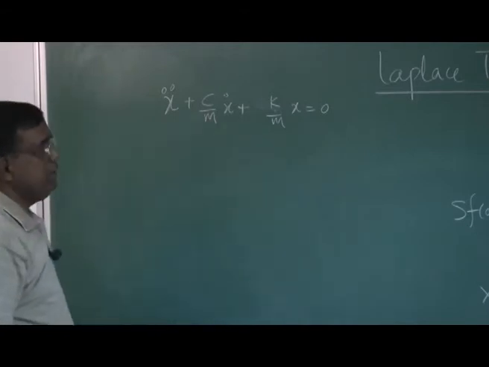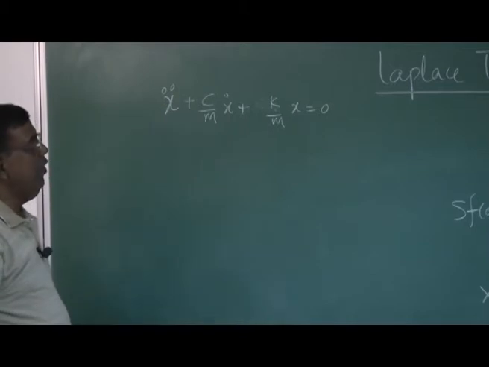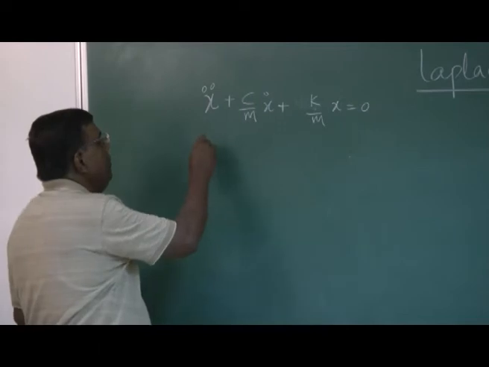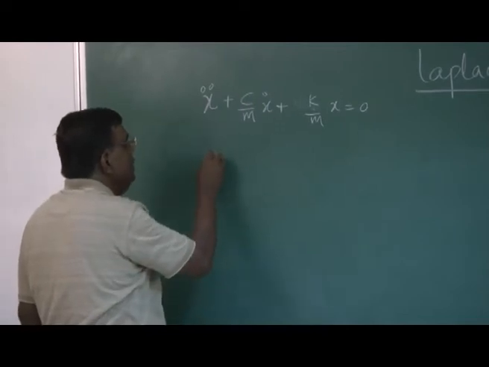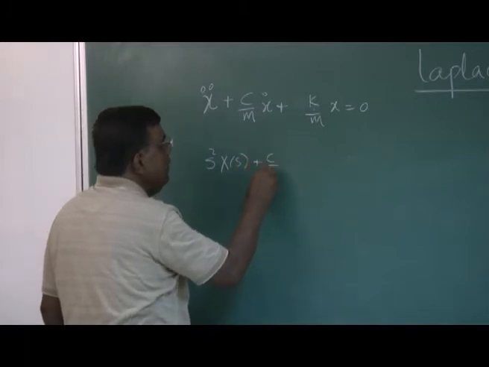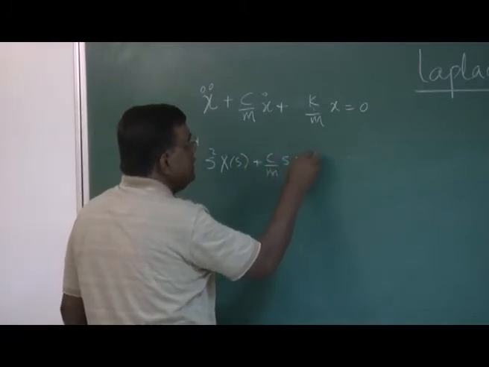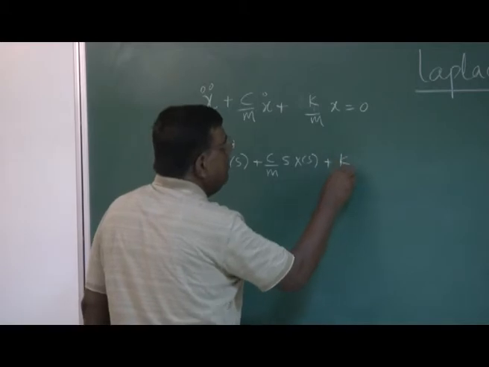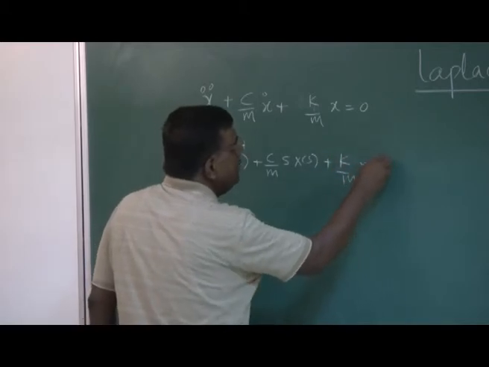This is my mass spring damper system. Now I want to find out what is the value of zeta and what is the value of natural frequency. What I do, I take Laplace transform, so I get s square x of s plus c by m s x of s plus k by m x of s equal to 0.